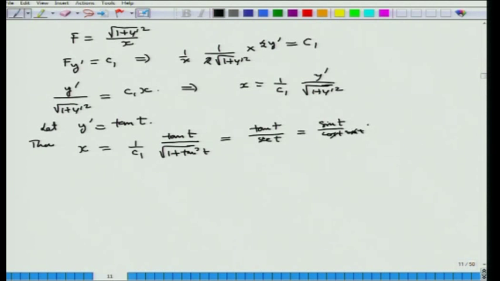So this cancels, and you get 1 over c1, so c1 tilde sin t. So that will be the x solution here.